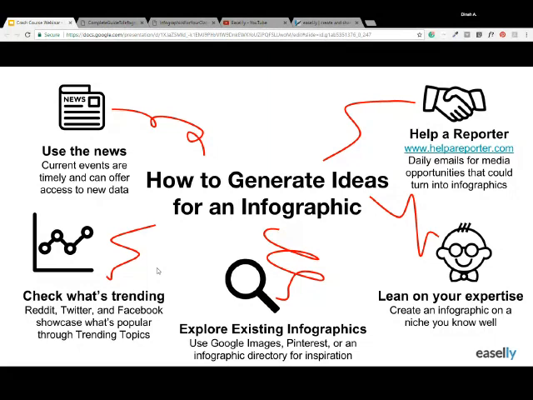And oftentimes, news articles don't use all of the data that may be released. They may be just taking a few pieces of it. So it's always nice to dig into the data that is being used in the news and see if there's any additional information that could be connected or tied to your industry.